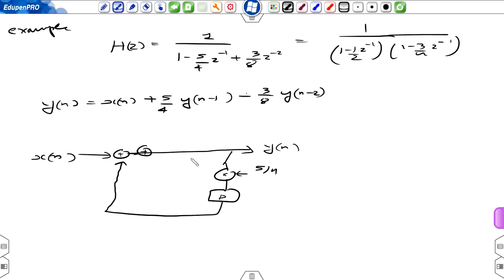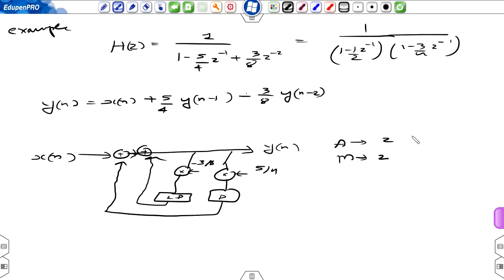We have one more adder, and this will be multiplied by minus 3 by 8, delayed by 2 delay elements and given to this adder. So this is a second order IIR all pole filter with number of adders equal to 2 and number of multipliers also equal to 2.